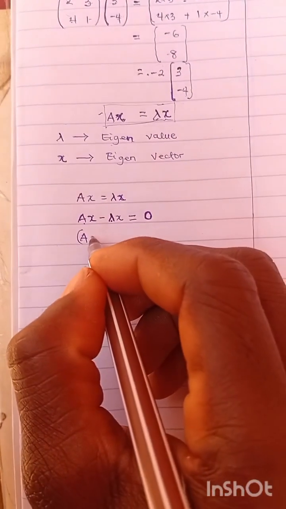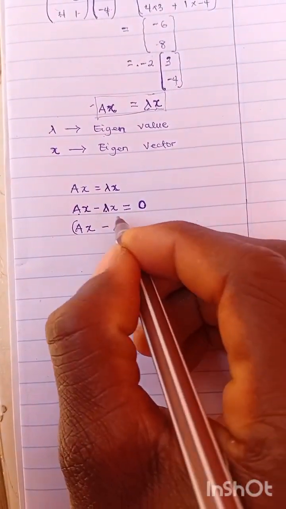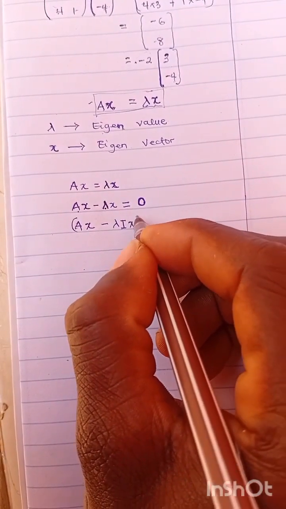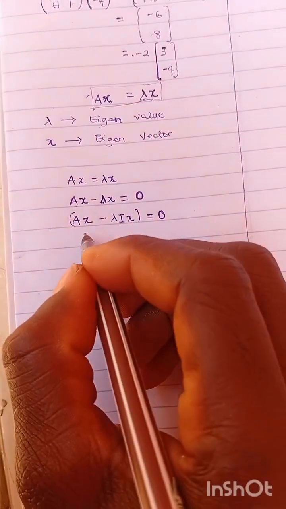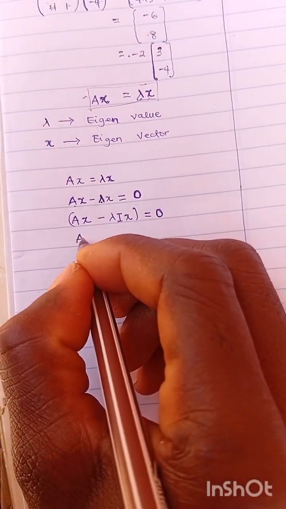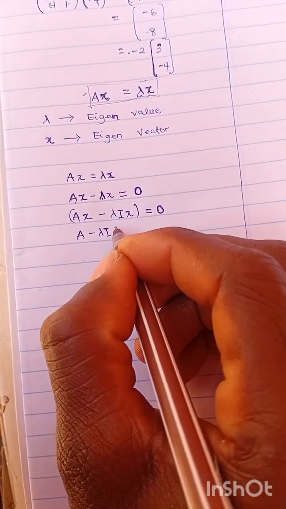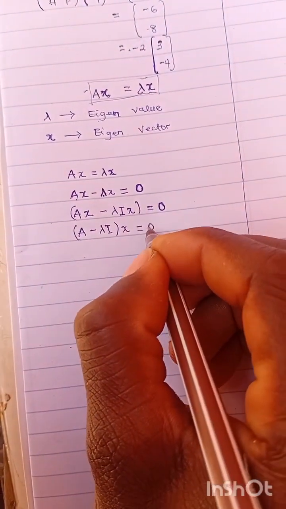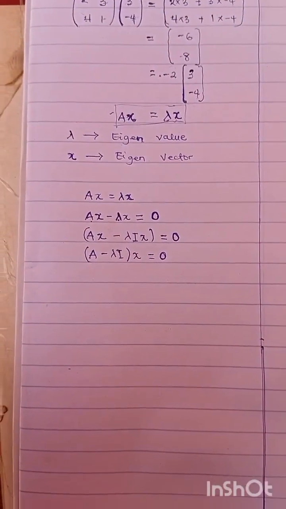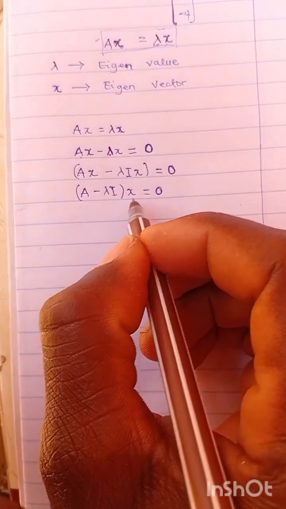That gives us Ax minus lambda I x, where I is the identity matrix, equals 0, the null vector. Simplify further to (A minus lambda I) times x equals 0.